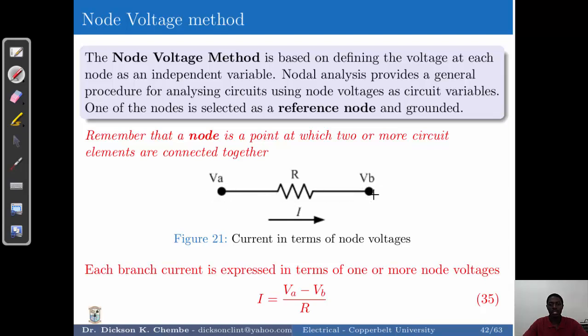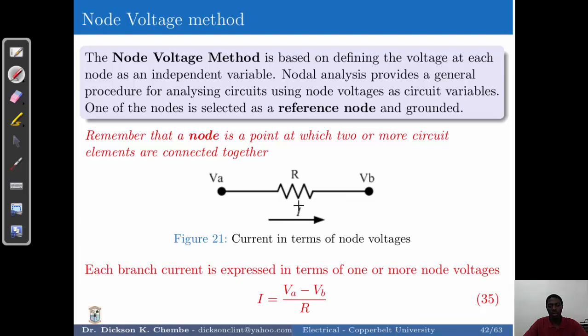What you see here is two nodes, that is node A and node B. So in the node voltage method, we assign each node a potential, meaning that this node is going to be assigned VA, which is potential VA, and this node is going to be assigned a potential VB. So if we have a current flowing through this resistor from node A to node B, it implies that current is flowing from a higher potential to a lower potential.